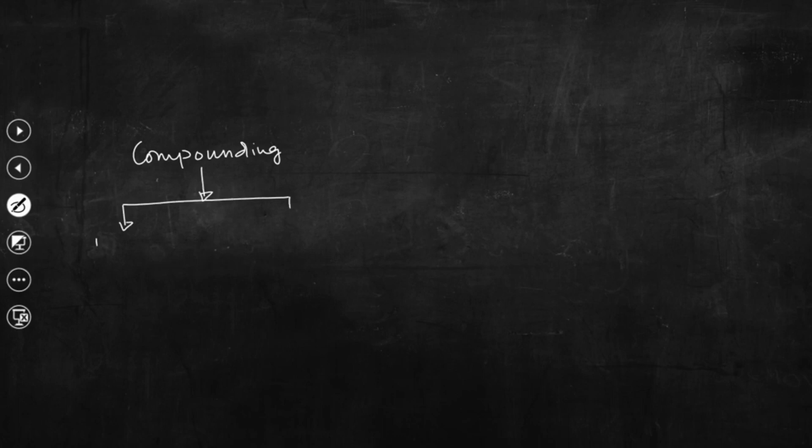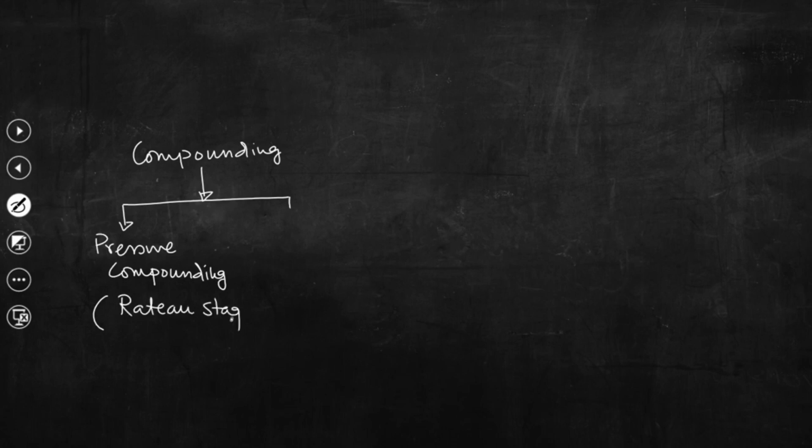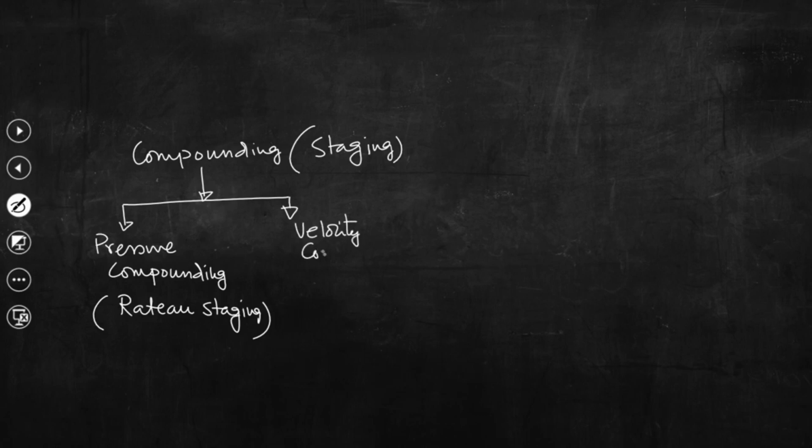One is pressure compounding or rotostaging, so basically compounding, or it is also known as staging, and the second one is velocity compounding or Curtis staging.